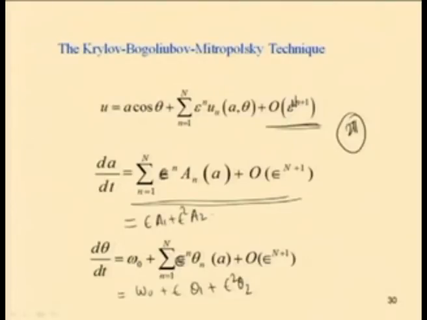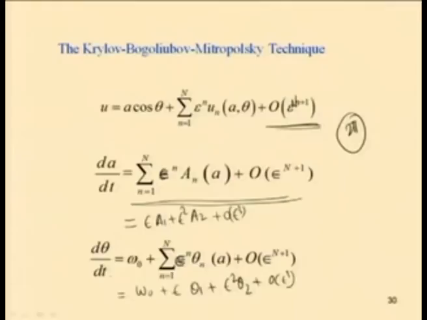Here we are neglecting the higher order, that is, the order of epsilon cube is neglected. So, by neglecting the order of epsilon cube, one can write dA by dt equal to epsilon A 1 plus epsilon square A 2. Similarly, d theta by dt is written as omega 0 plus epsilon theta 1 plus epsilon square theta 2.